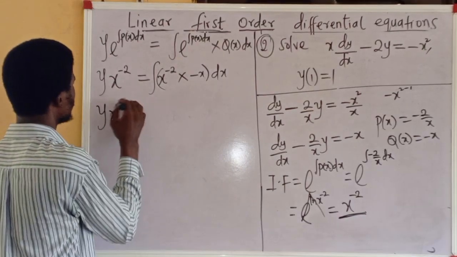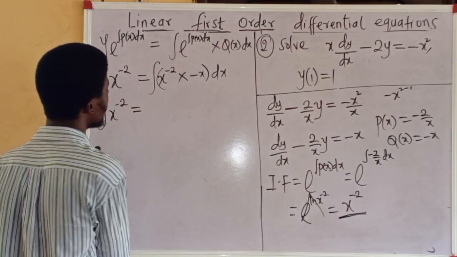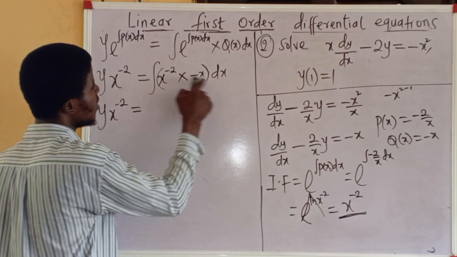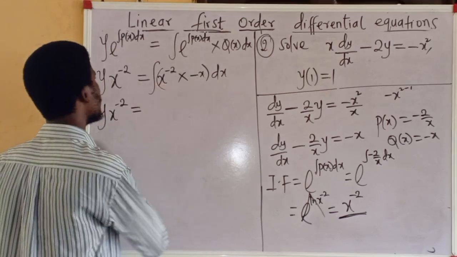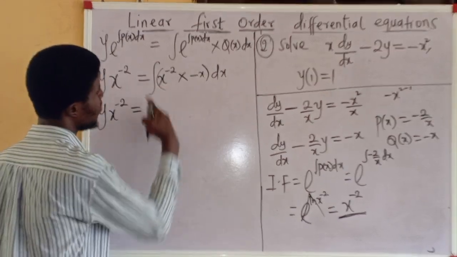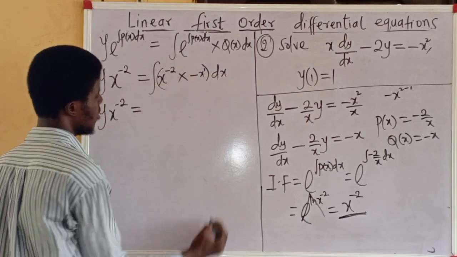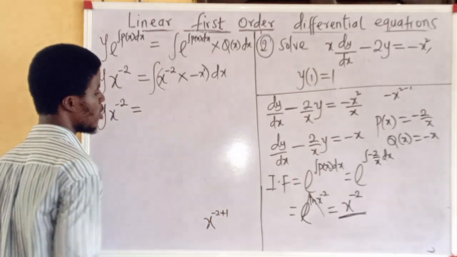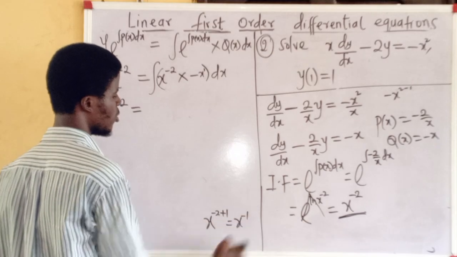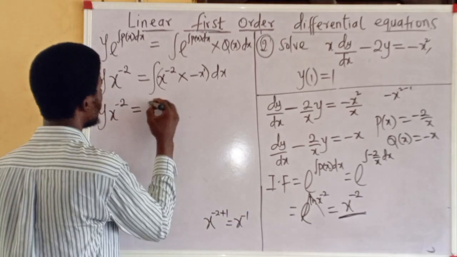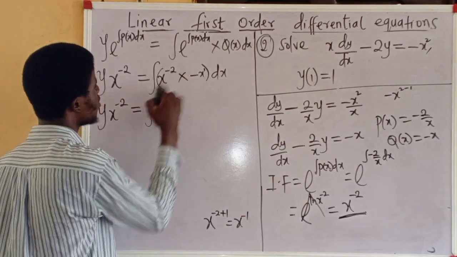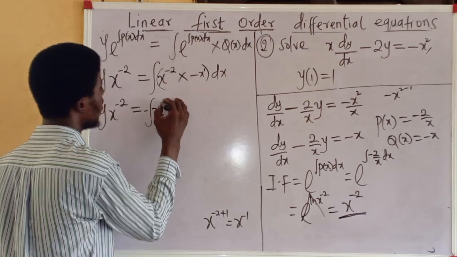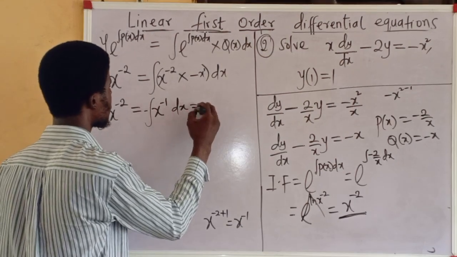Y into x to the power of minus 2 is this. Multiply these two together, they have the same base, so it will be the powers now. This is to the power of 1. We have x raised to the power minus 2 plus 1. Minus 2 plus 1 is minus 1. So this is now the integral of, the minus can come out, x to the power of minus 1 dx.